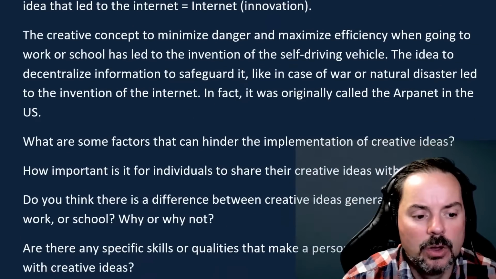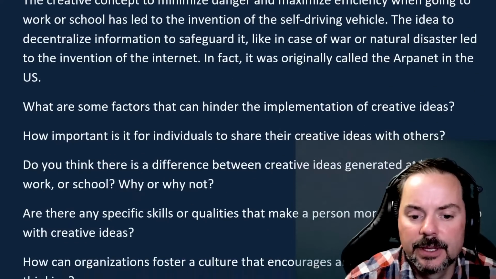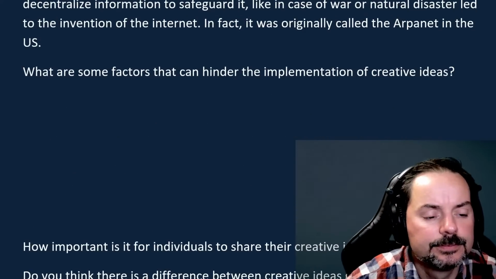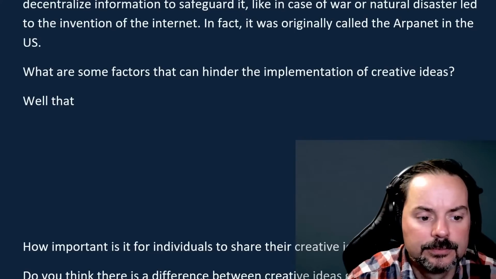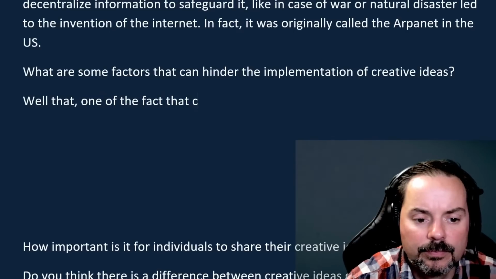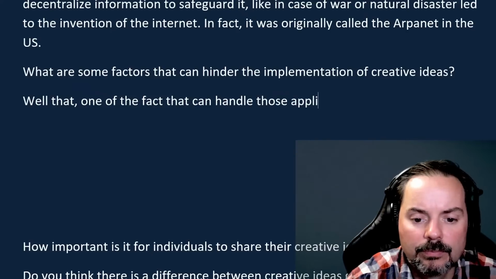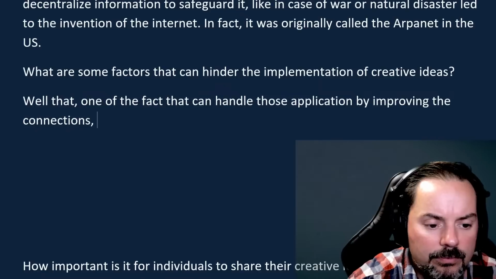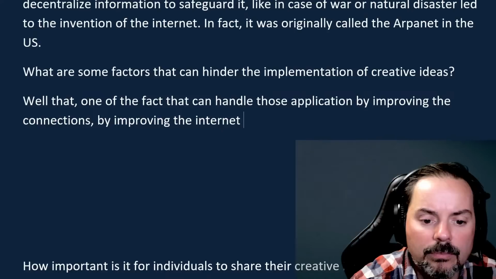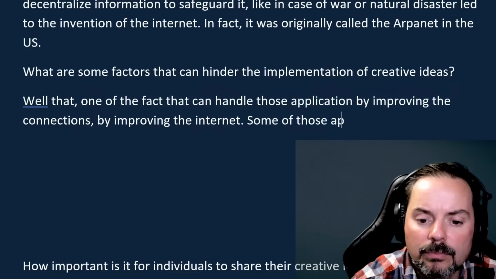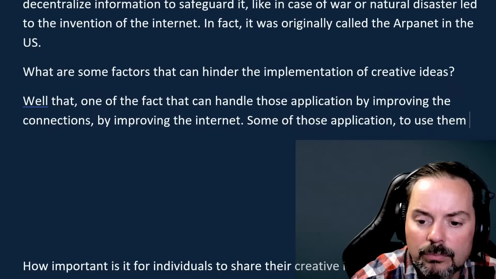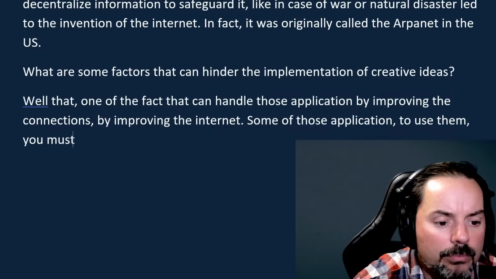What are some factors that can hinder the implementation of creative ideas? Well, one of the factors that can affect those applications is the connection, the internet, because for some of those applications, in order to be able to use them, or to have the full application, you must have a very good, high-speed internet connection.